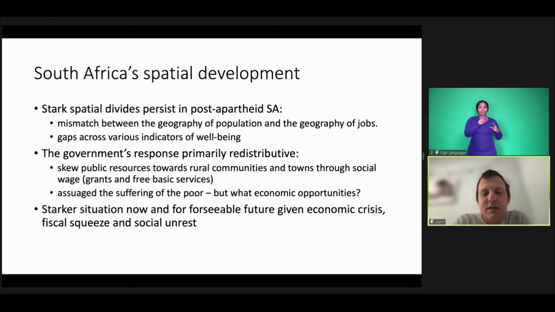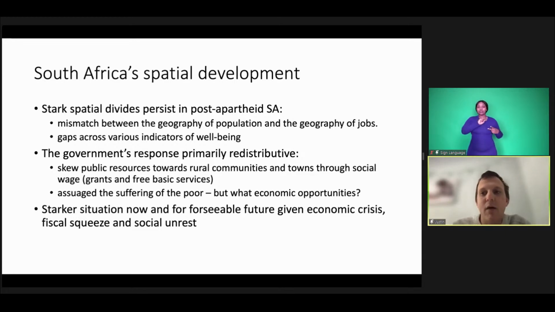And the research shows that these have persisted even today. Whether you look at a variety of indicators such as education, income levels or access to basic services, you'll see that there's a stark spatial divide when looking at the South African population.